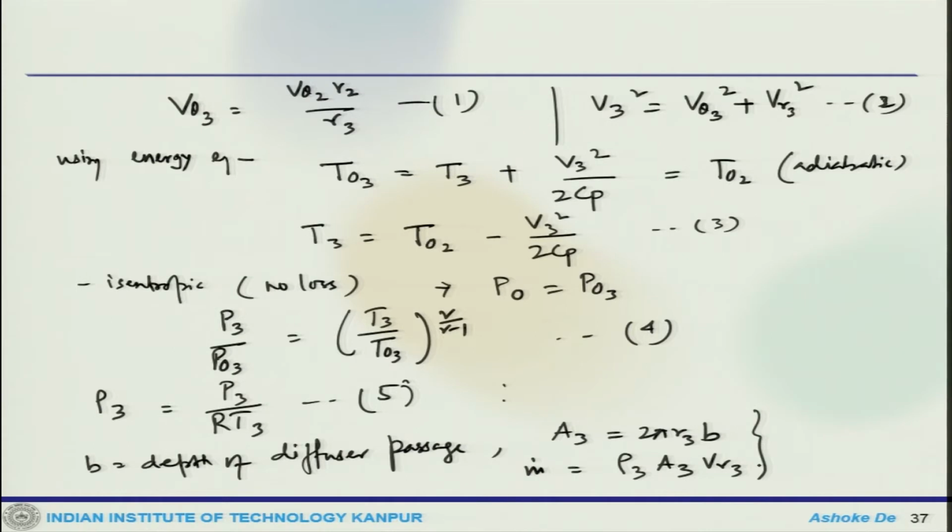Which will get me V R 3 is m dot by rho 3 A 3, that is, let us say, equation 6.